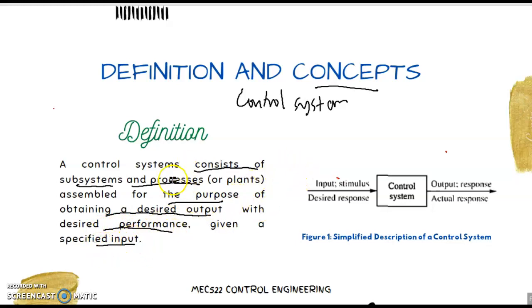This means there are 3 items here: subsystem and process, the desired output, and the specific input.